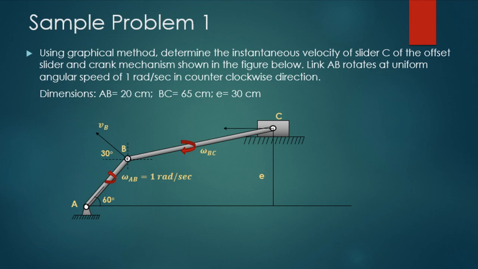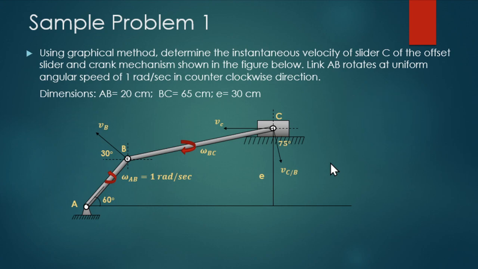And we can say that there is a motion that happens at the slider at point C. By using your protractor, we can get the velocity C and the relative velocity C relative to B. By using your protractor, we can get the angle of the direction of your velocity C relative to B along with the positive x axis.